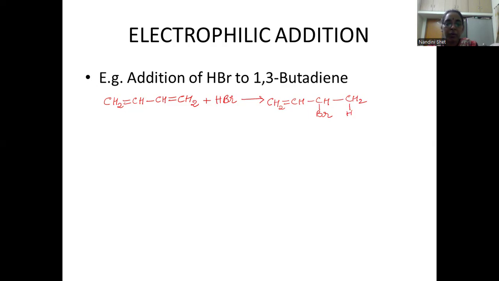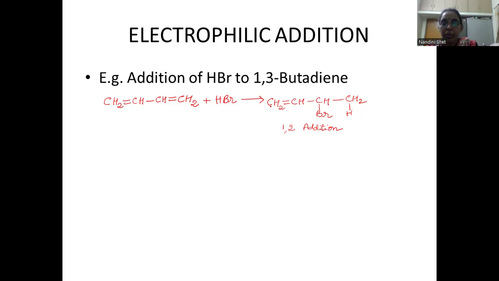That means from this molecule, hydrogen part is added to this carbon and bromine is added to the adjacent carbon. Since the addition has taken place on adjacent carbon atoms, this kind of addition is known as 1,2 addition.